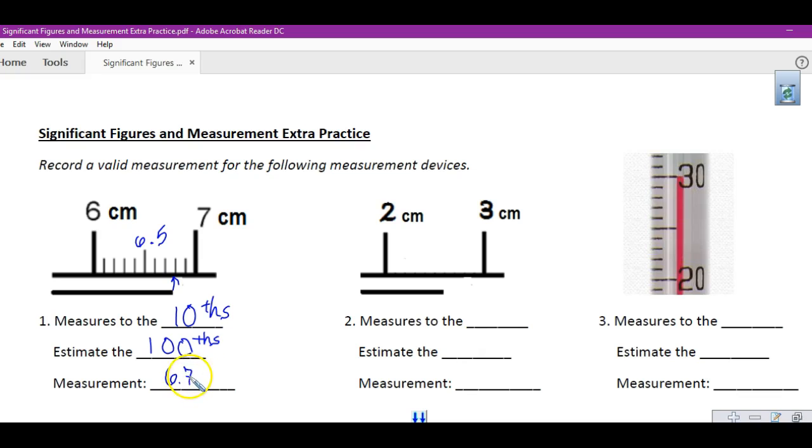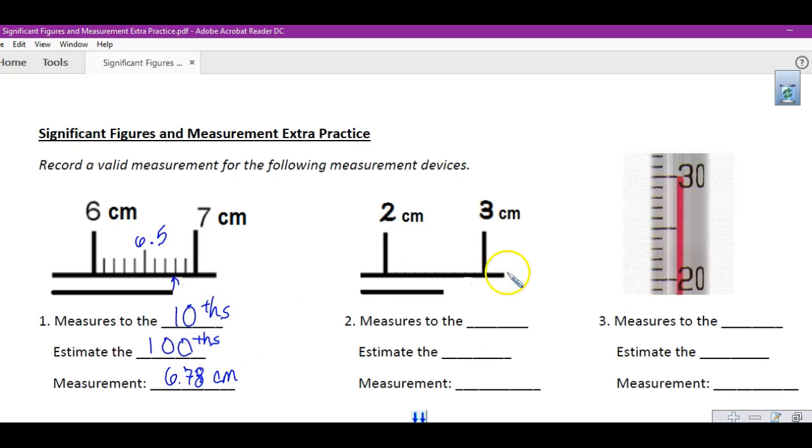And here's where your estimation comes in. I'm going to say that it's 6.78. But we have to have that digit showing in the hundredths place because the device goes all the way down to the tenths of a centimeter, so we have to estimate the hundredths.